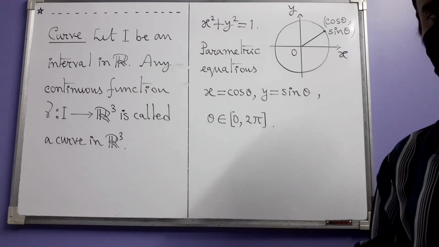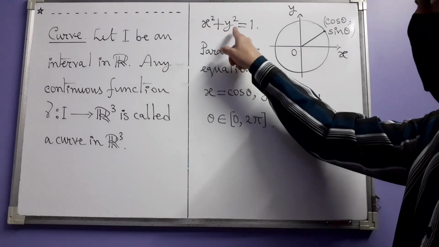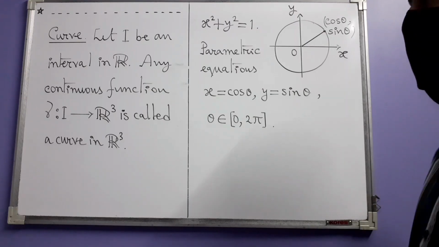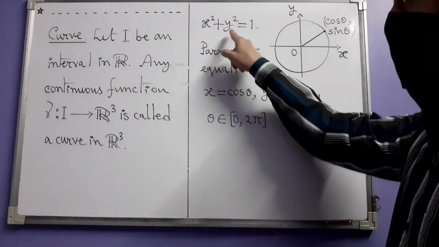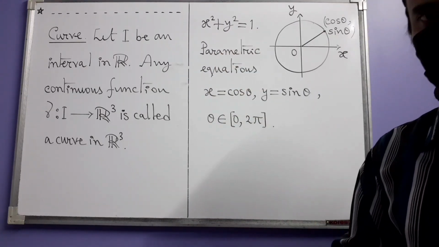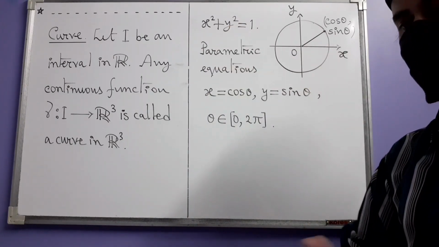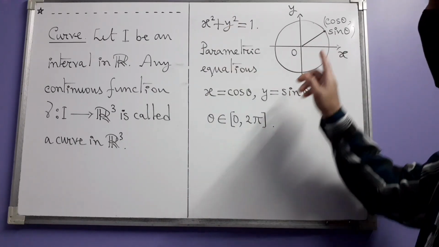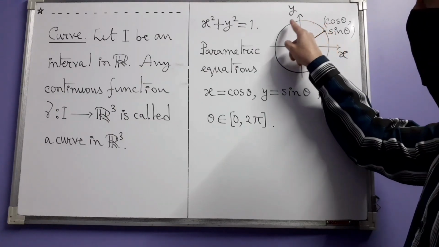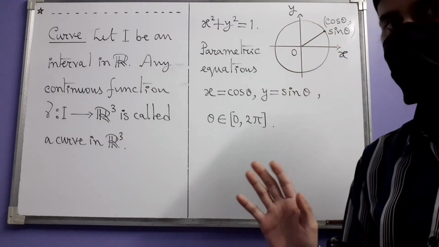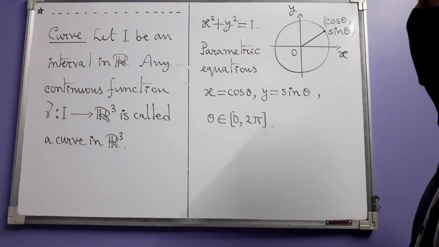From analytic geometry, you know that its equation is also this: x squared plus y squared equals 1. So this is the set of all points in the plane whose distances from the origin are all equal to 1. And those points, when considered together, form this circle. Okay, so it's a simple thing.